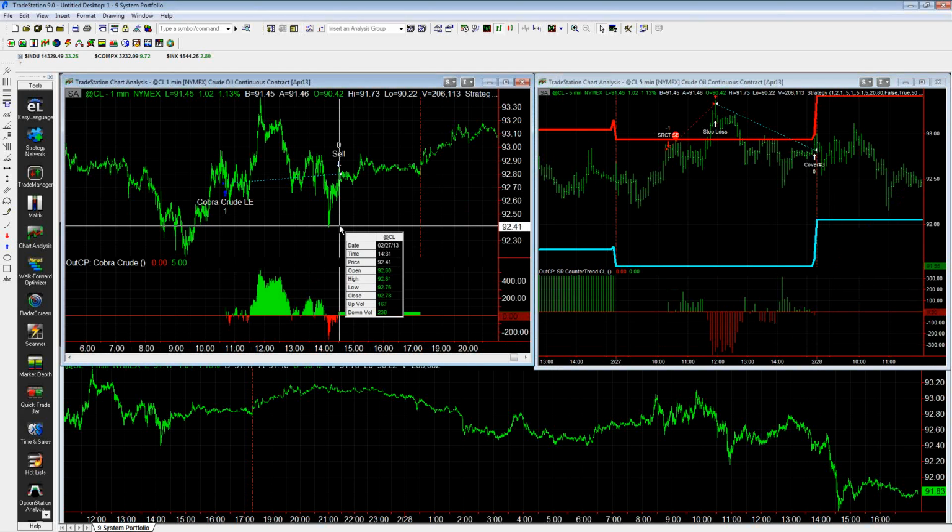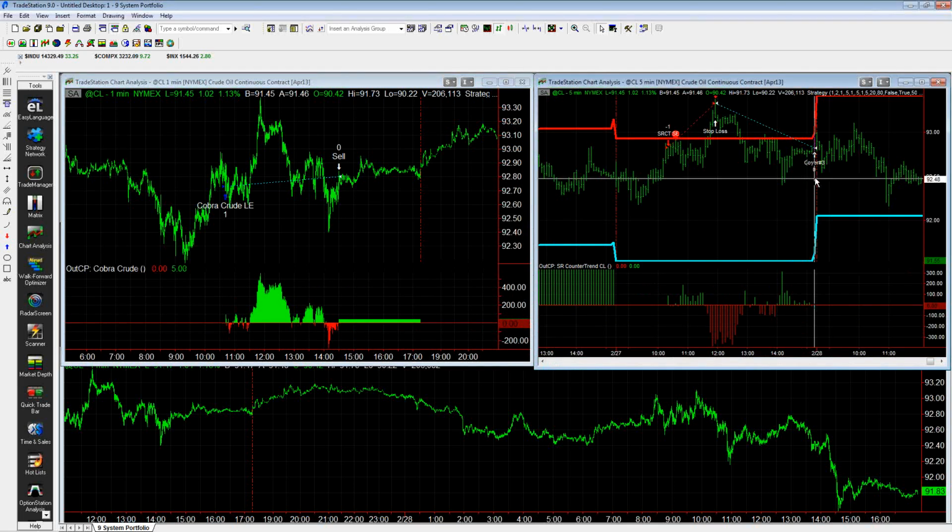So you're plus 10 on the first trade. You go short and then long for plus 10, and then you exit this one.